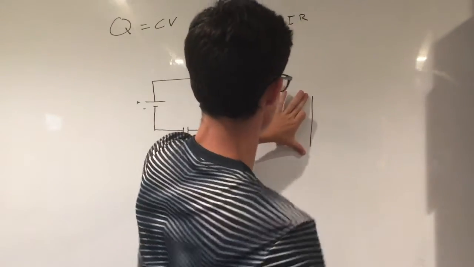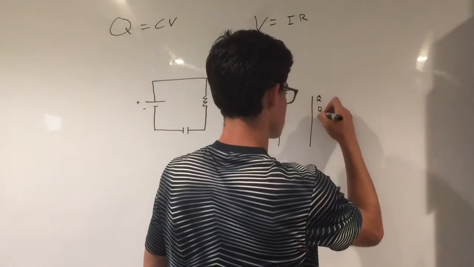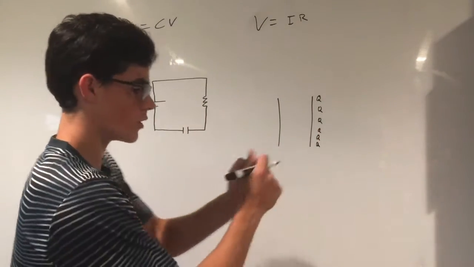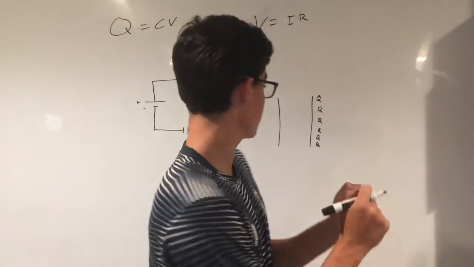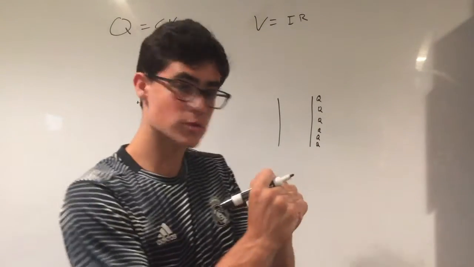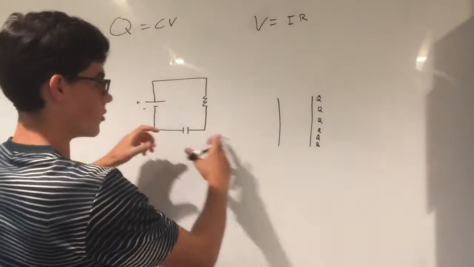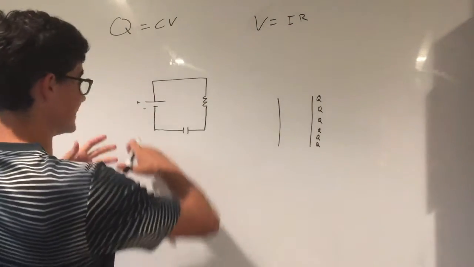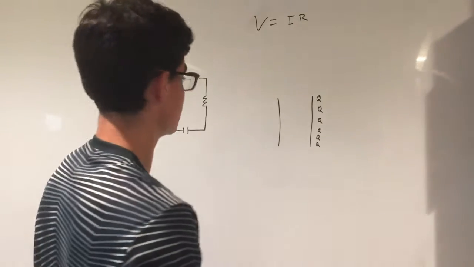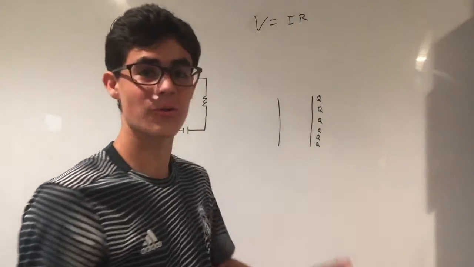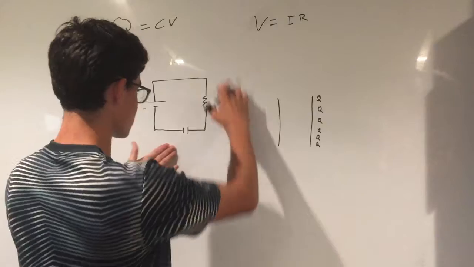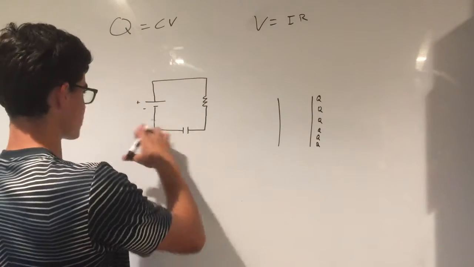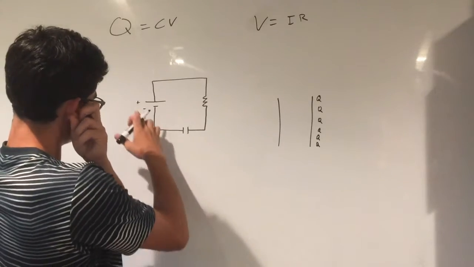At one point, we have all these charges, let's say Q, on this side, and all these electric repulsion forces are going to overwhelm the oncoming charges and start repelling them backwards. So what you get is a discharge of the capacitor. The really cool thing is that electricity starts flowing the other way around, because charge goes from negative to positive.